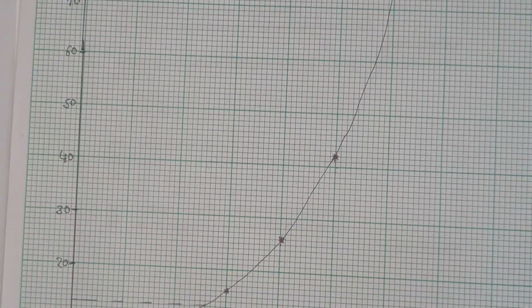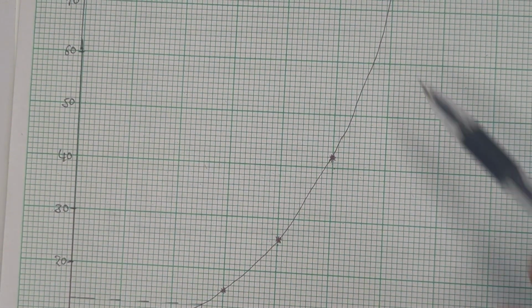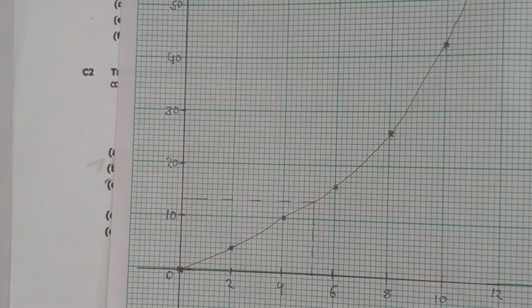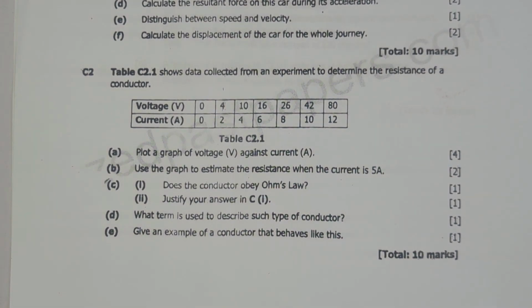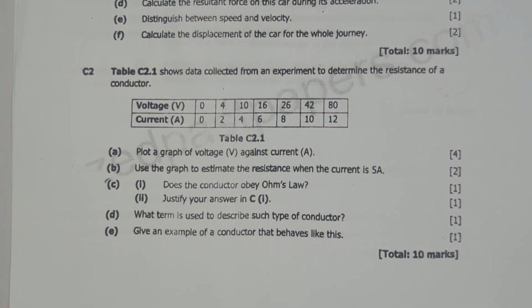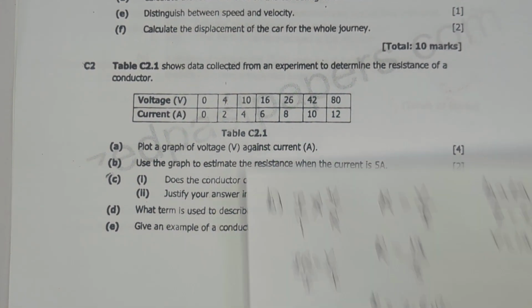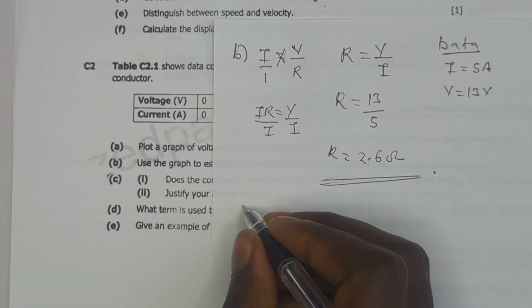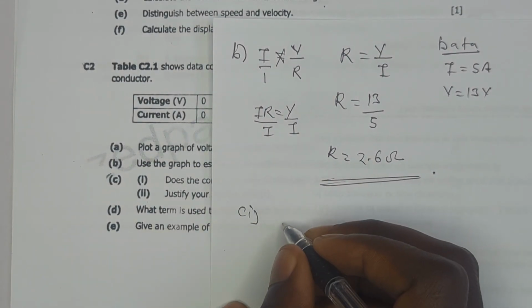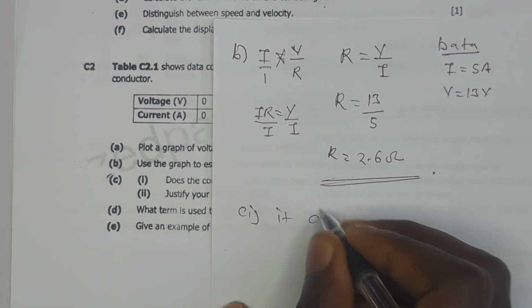So when a graph is curving, it means that the conductor does not obey Ohm's law. So the graph must be in a linear form. So for number C1, it does not obey.